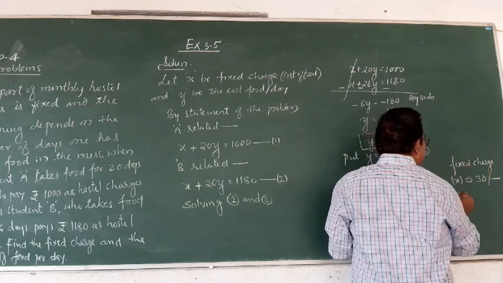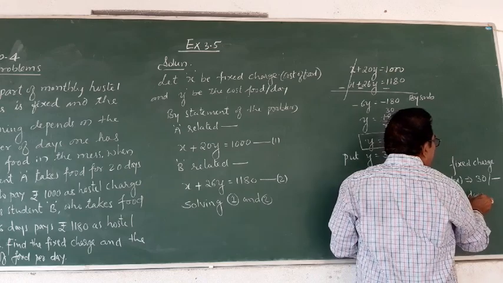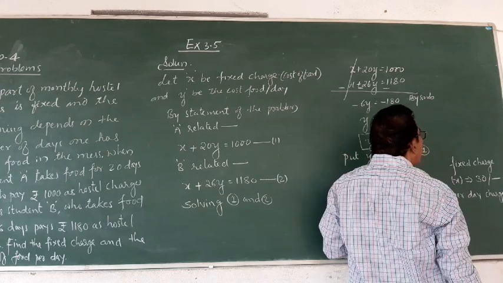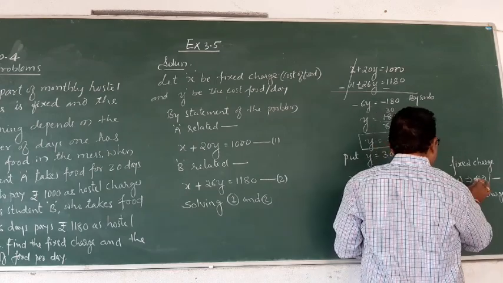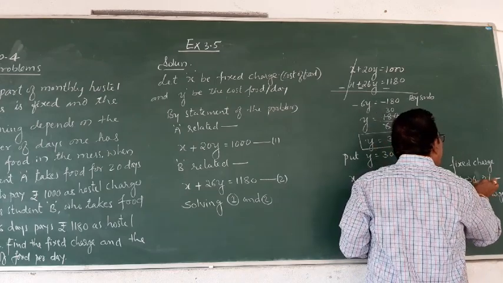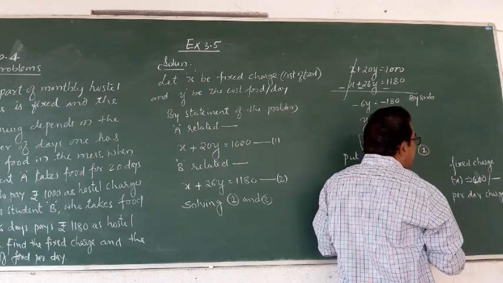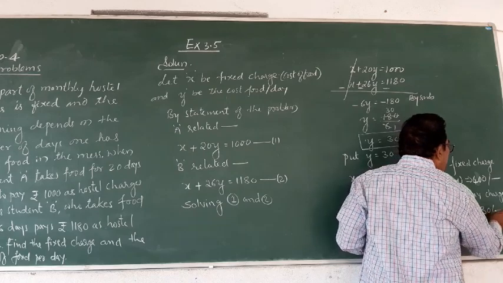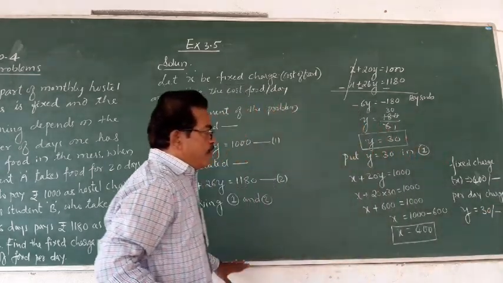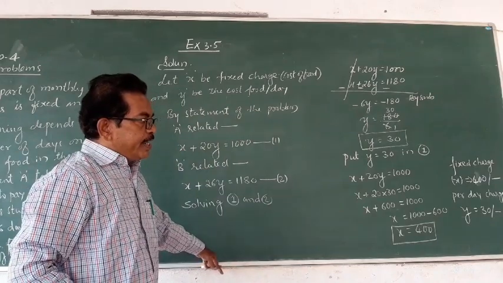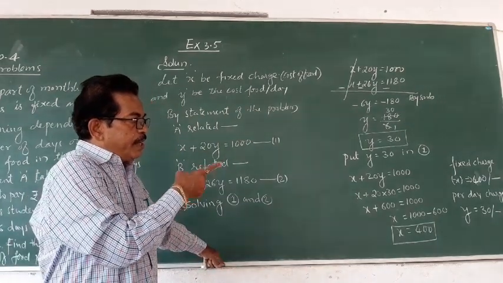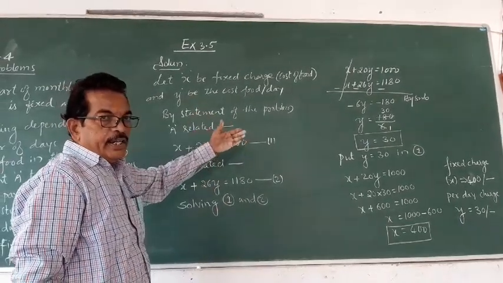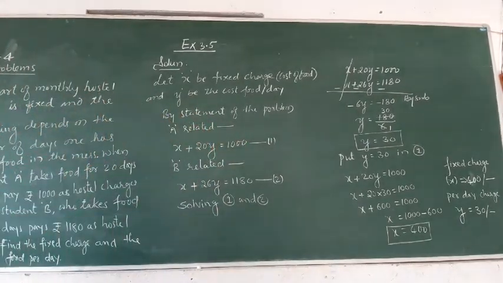Per day charge is Y. So fixed charge is 400, then per day charge is 30 rupees. Okay. See the method, and let us move to the second one.